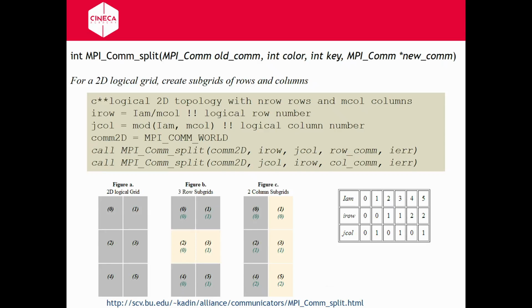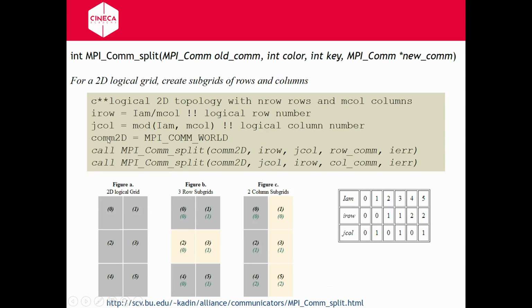Then we can set a logical row number for each process in MPI_COMM_WORLD with this instruction, and the ID in the column using this other command.